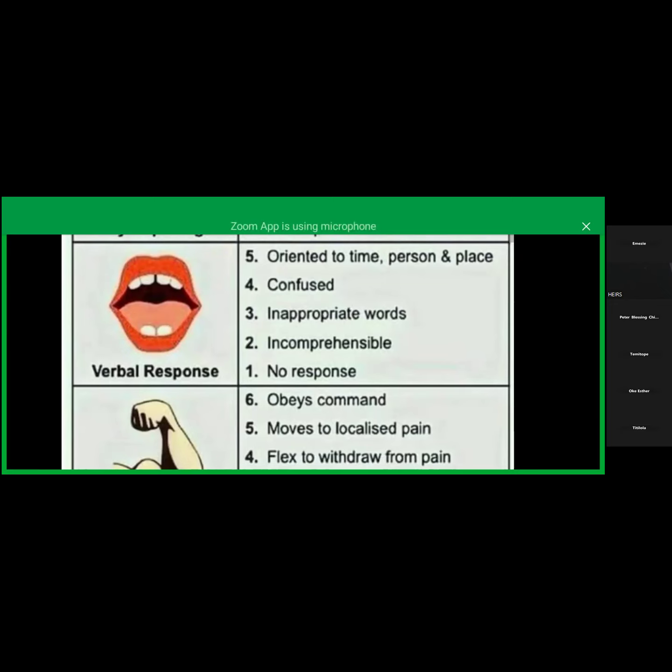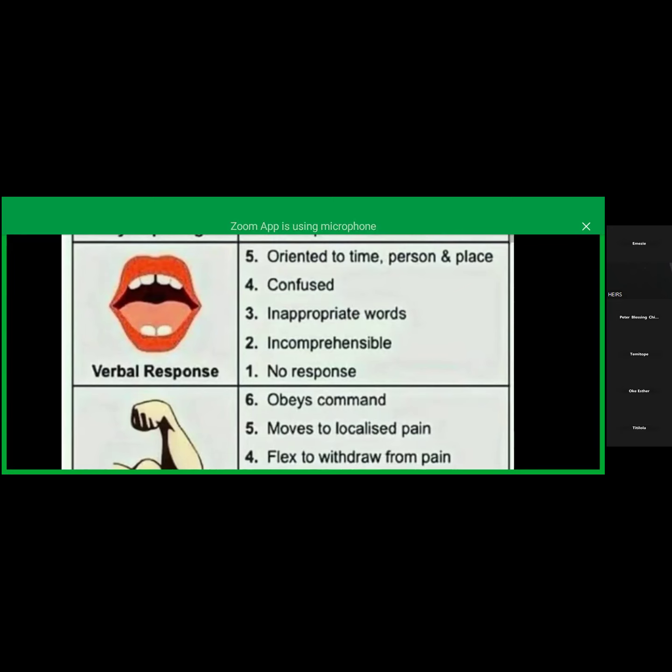You can see there is no relation between market and what Mr. Paul ate this morning. So that is what we regard as inappropriate words. The person can still say words, but they do not relate to what you are asking. So in that case, inappropriate use of words, we say the person has a best verbal response of 3.